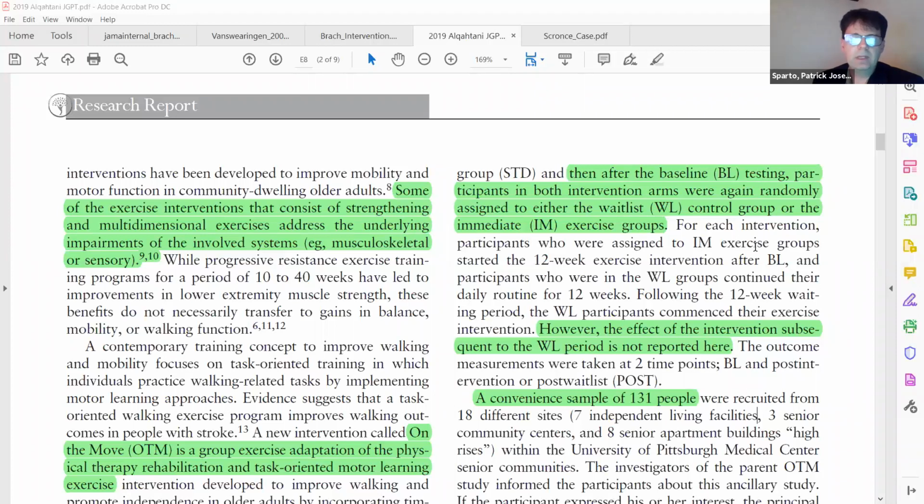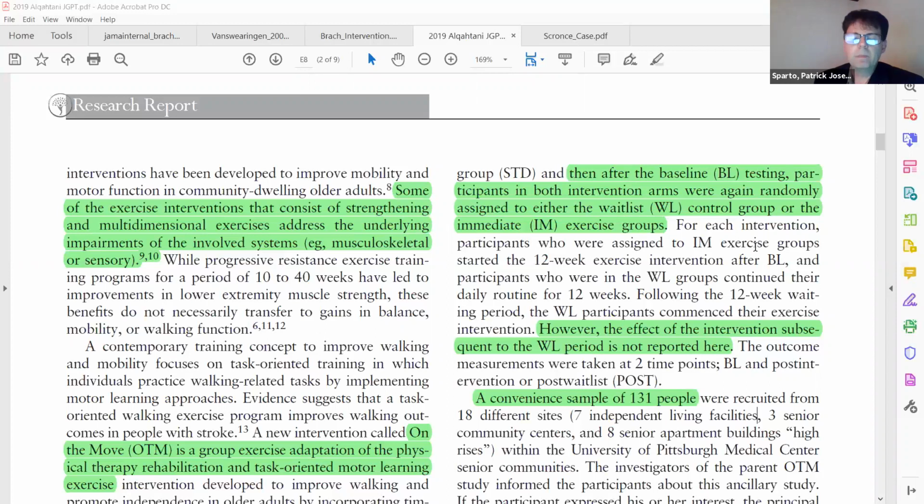And the main parent study, the On the Move study, was looking at the effect of the intervention, and we're going to talk more about the intervention in a little bit, but the primary outcomes were on disability, gait speed, and endurance.